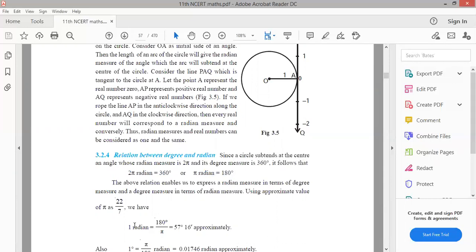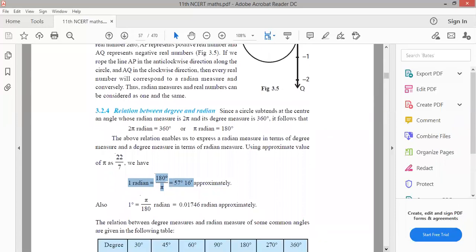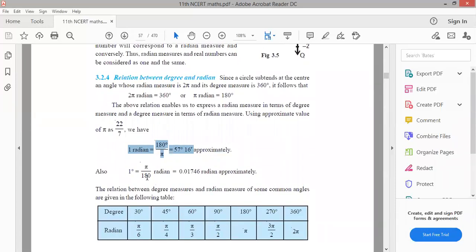From this you can calculate that 1 radian is approximately 57 degrees 16 minutes, and 1 degree is equal to pi divided by 180, approximately 0.01746 radians. The important point we would like to highlight here is that 1 radian is equal to 180 degrees divided by pi. This is the conversion of radians into degrees. And 1 degree is equal to pi divided by 180 radians.